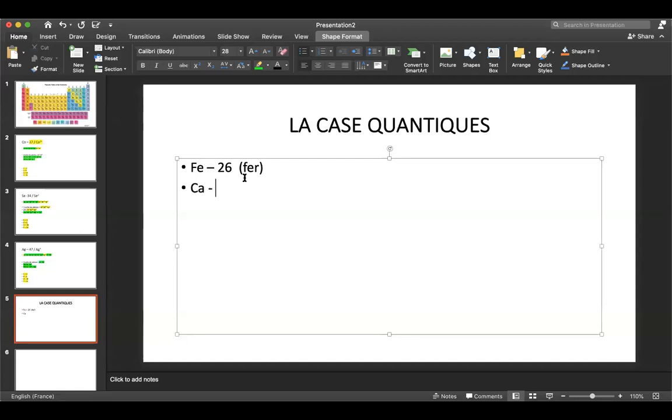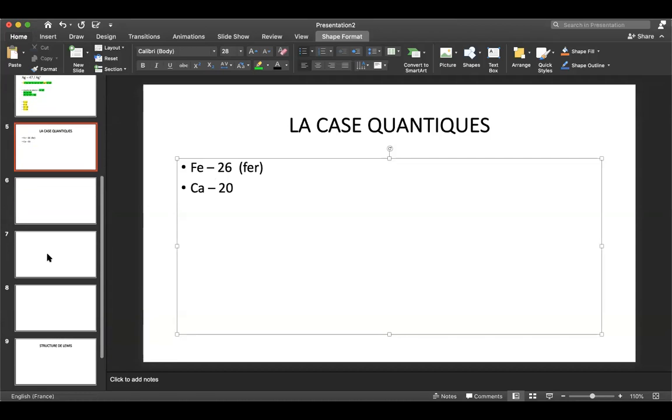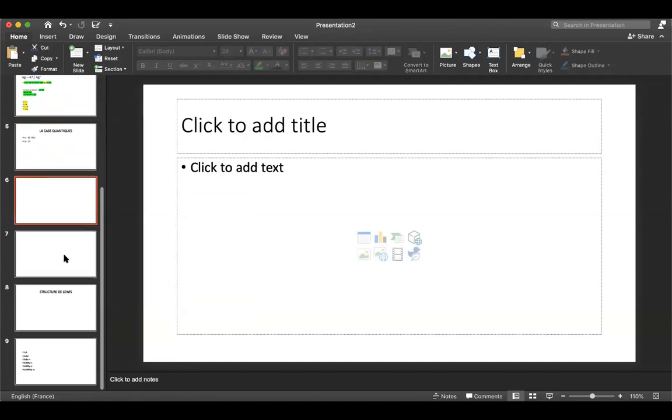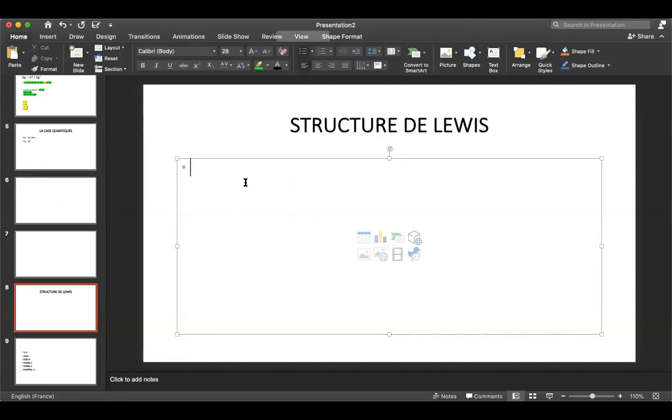Then I'll need 2 for the Lewis structure, from the top 10. Boron. Okay, so we have boron. That is number 5. And what else? In French, boron is called bore.